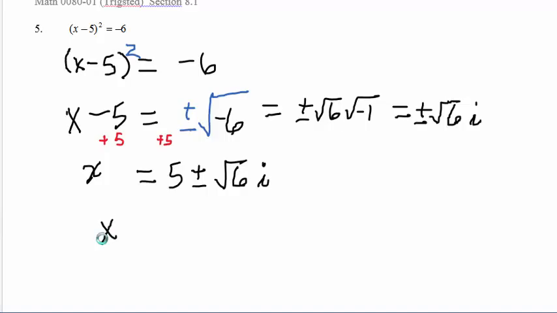Sometimes what you'll find, to make sure that the i is not accidentally put under the radical, is that when i is being multiplied by a radical that doesn't simplify to a rational number, a lot of times the i is put in front of the radical.